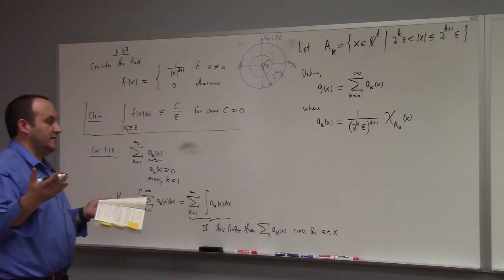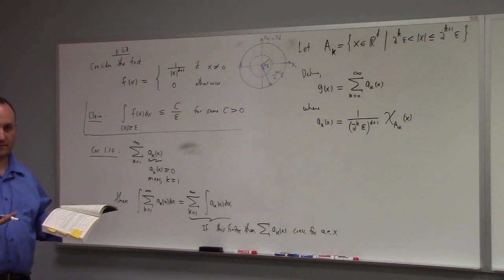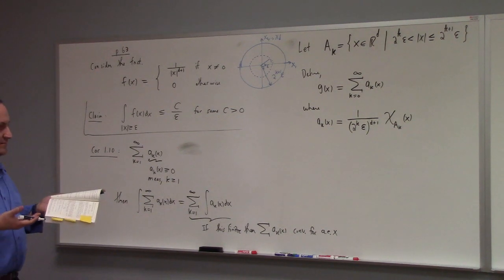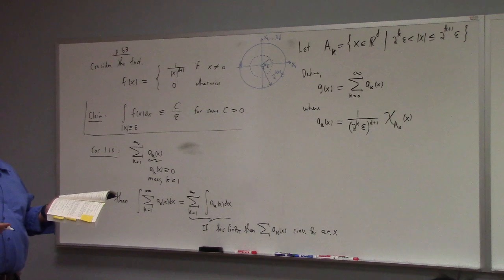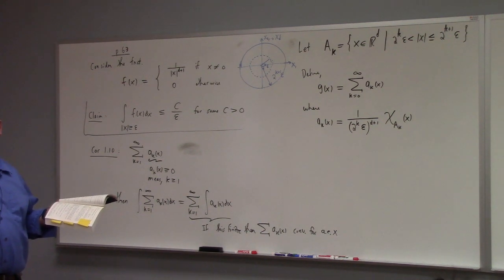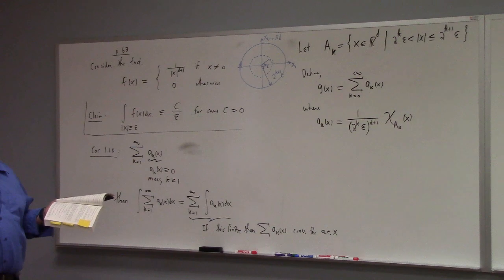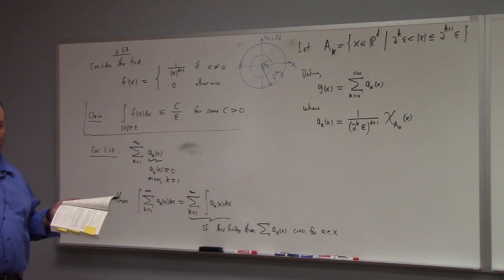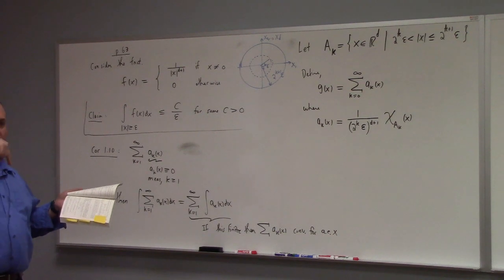So this is non-zero and constant, the constant value being 2^k times epsilon to the minus d minus 1 power, when x is an element of this kth annulus. If you could visualize this for a fixed epsilon but multiple k, in 2 dimensions it would look sort of like an amphitheater, like circular steps.